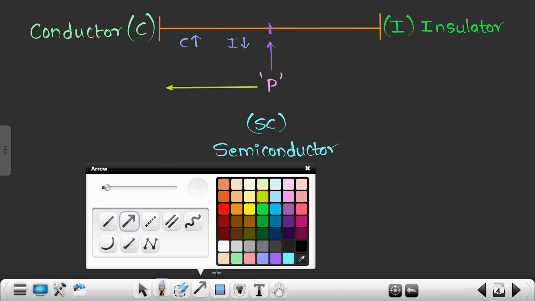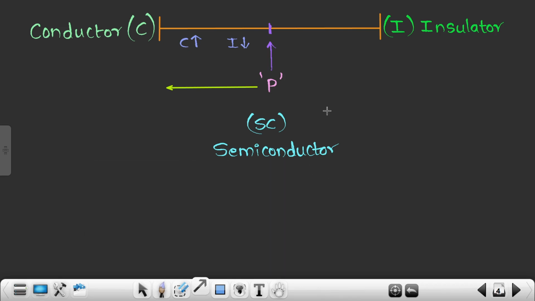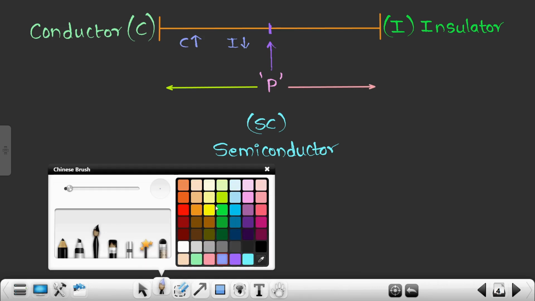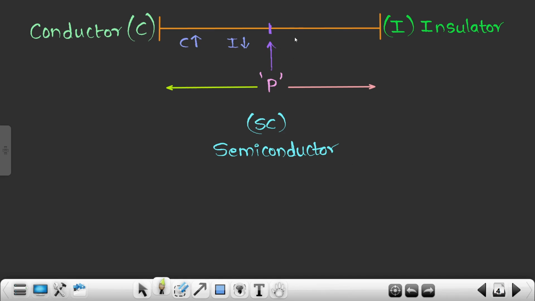Now let's suppose on the contrary, I move this parameter in this direction. What is going to happen this time? Let me again take this particular color. The insulating property is going to increase, whereas the conductor property is going to decrease, or decay. This is very simple and logical.